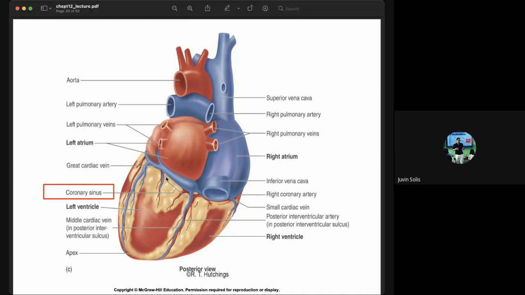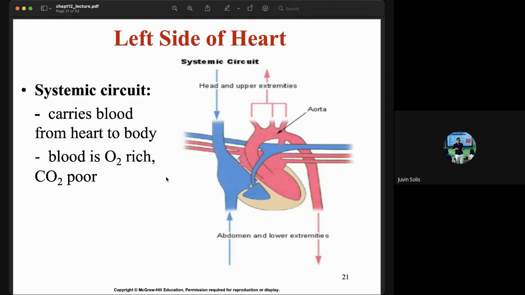How about the left side of the heart? Yung left side of the heart naman, it carries blood from the heart going to the body. Okay? Kanina, yung pulmonary, heart to the lungs. Itong systemic, heart to body. Okay?